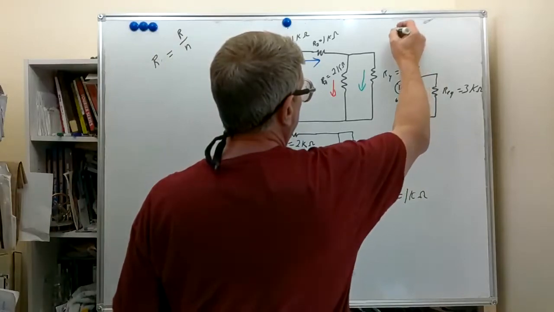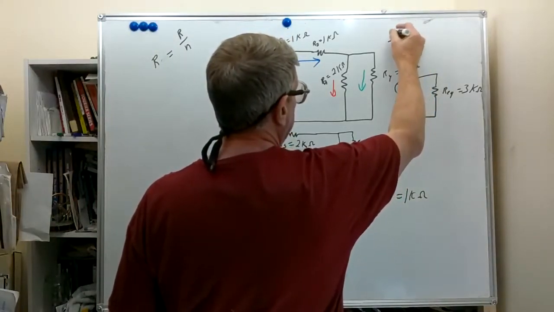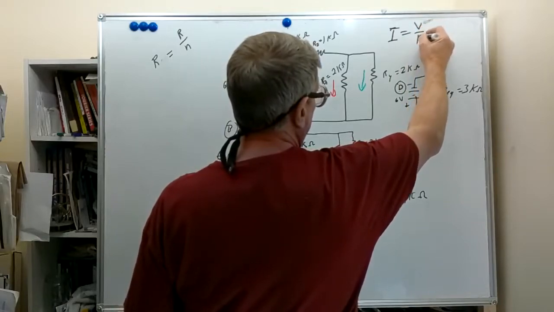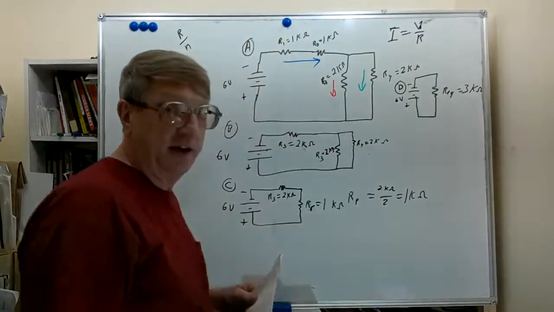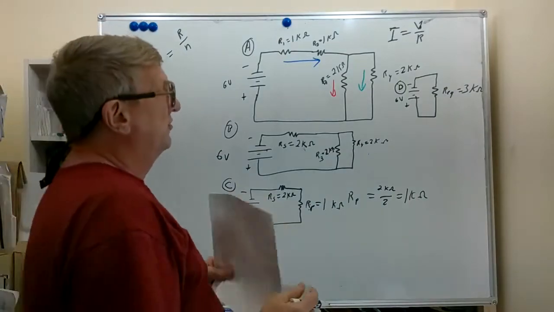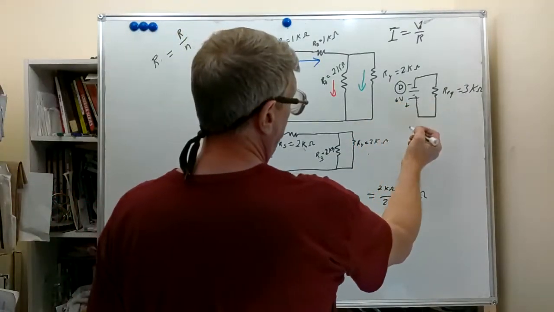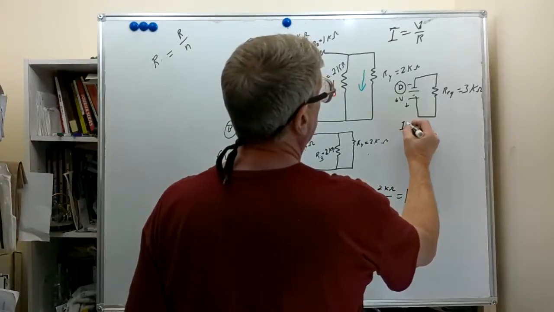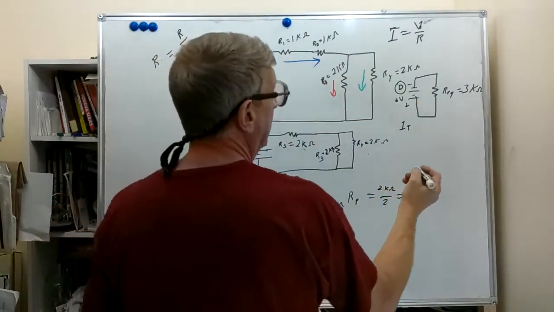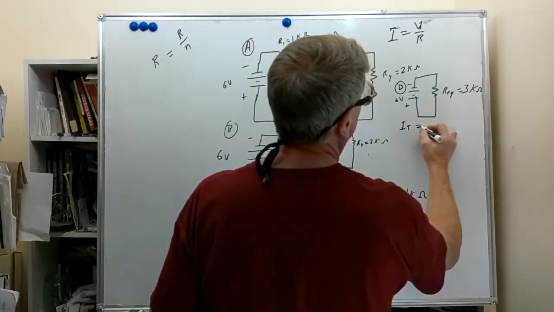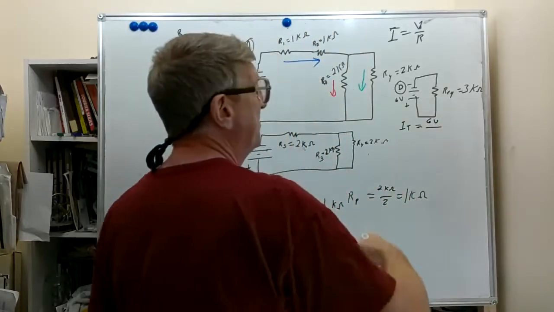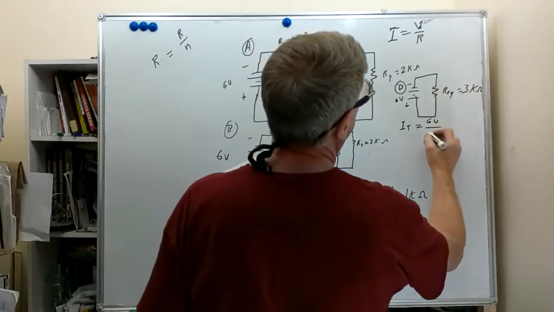And we're going to use this formula that we've used many times. I equals voltage divided by resistance. We've used this enough times, it's probably starting to get ingrained in your mind by now. So we have 6 volts, and we're going to call this I total, which is the total current from the power supply, is going to be the 6 volts of the power supply divided by the R equivalent of 3 k ohms.